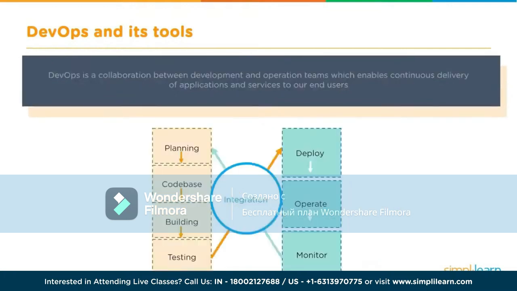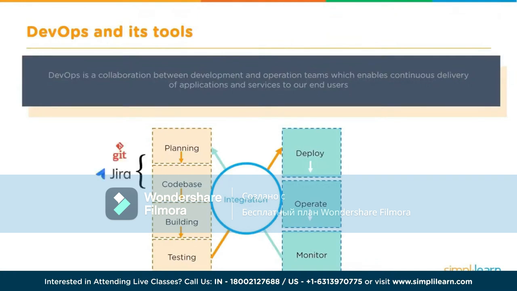If we look at the areas of integration between both groups, developers are really interested in planning, code, building, and testing, and operations want to be able to efficiently deploy, operate, and monitor. When you can have both groups interacting with each other on these 7 key elements, then you can have the efficiencies of an excellent DevOps team.